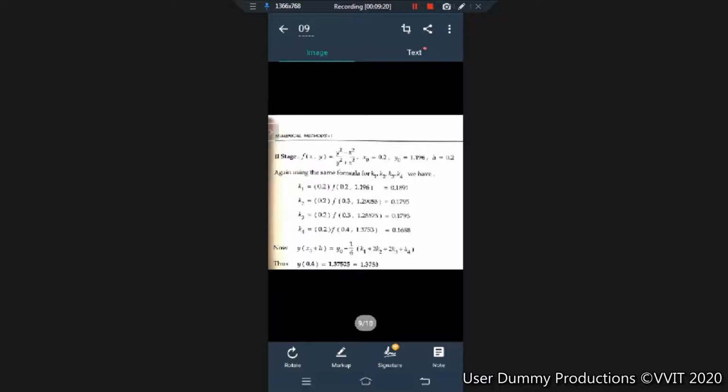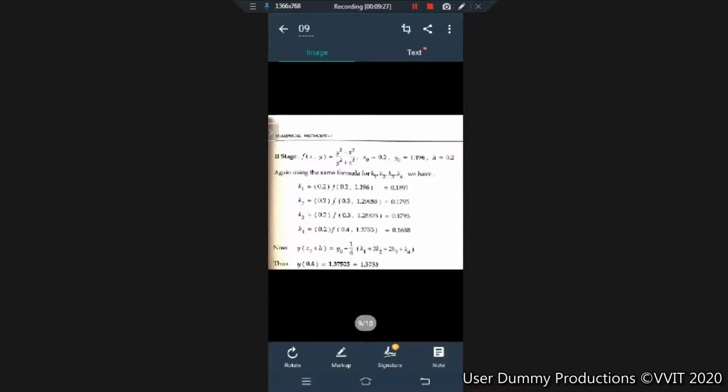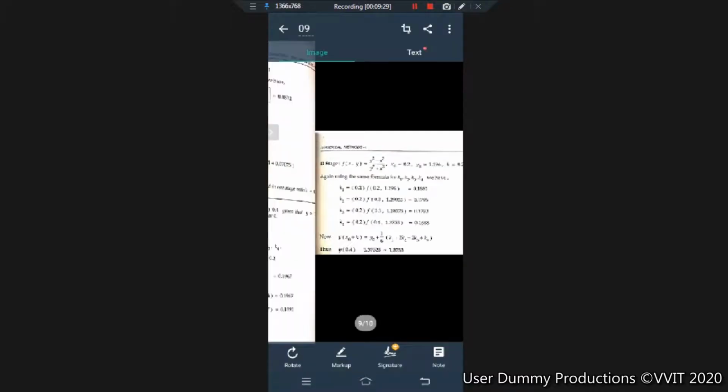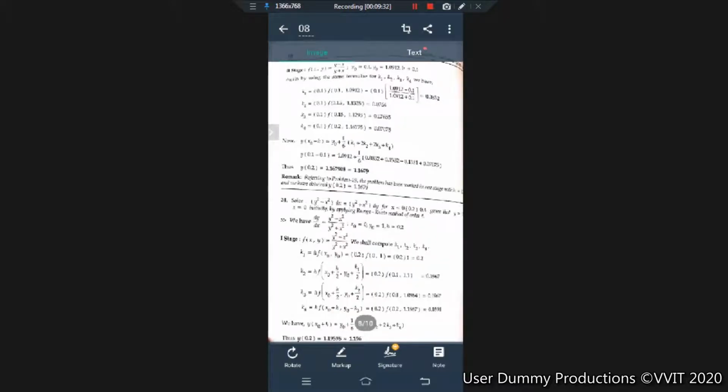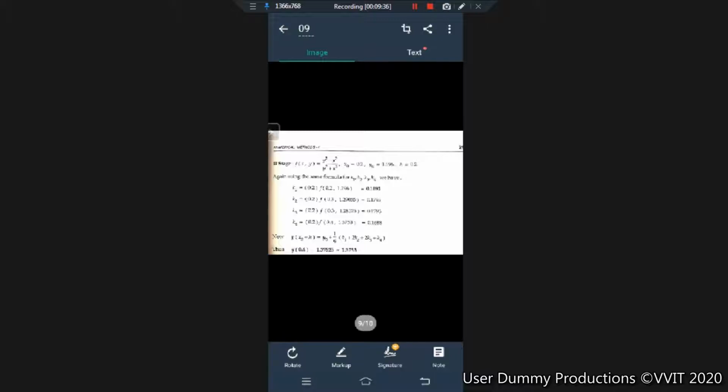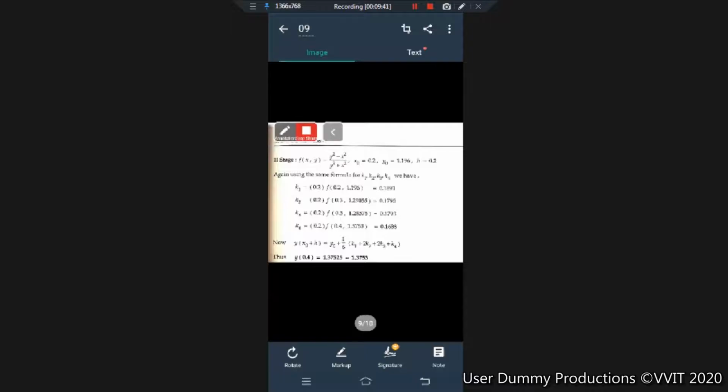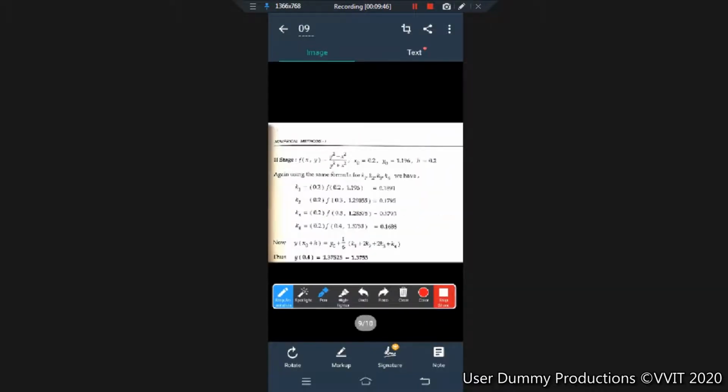In this second stage, we have now plugged in the values. Now look at this. As usual, our function is f of x comma y is y square minus x square by y square plus x square.